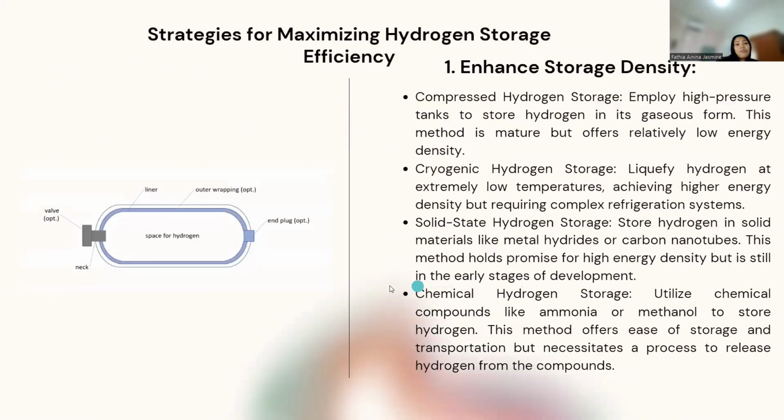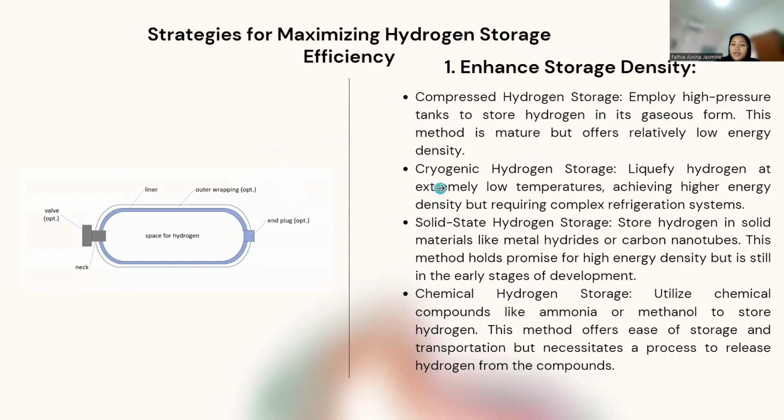The strategies for maximizing hydrogen storage efficiency. First one is enhanced storage density. So there is compressed hydrogen storage, which employs high pressure tanks to store hydrogen in its gaseous form.